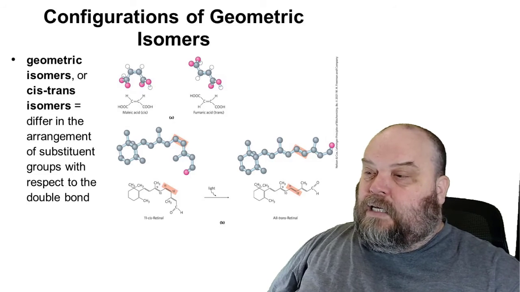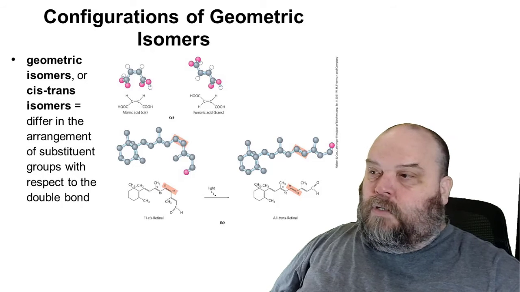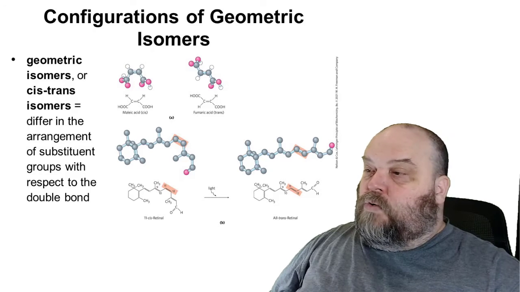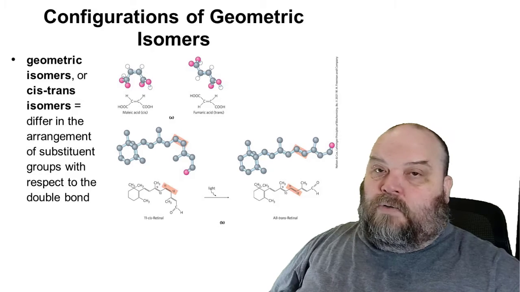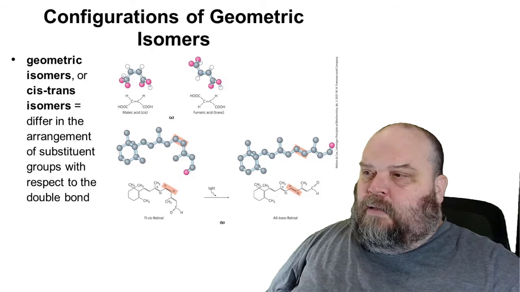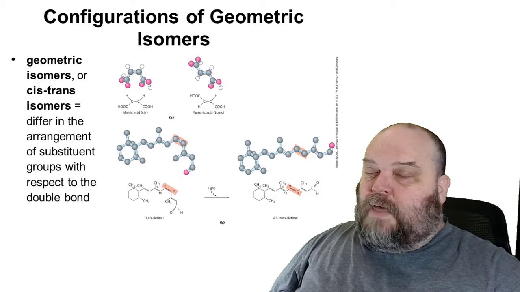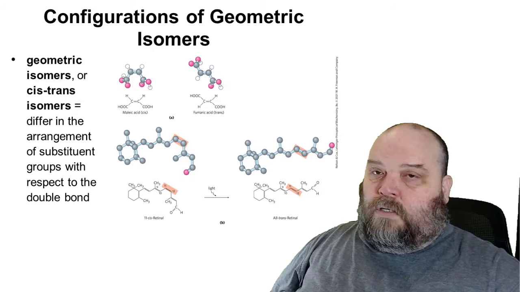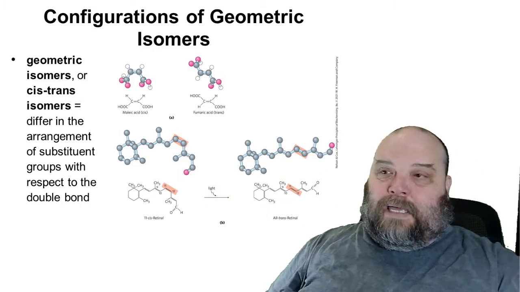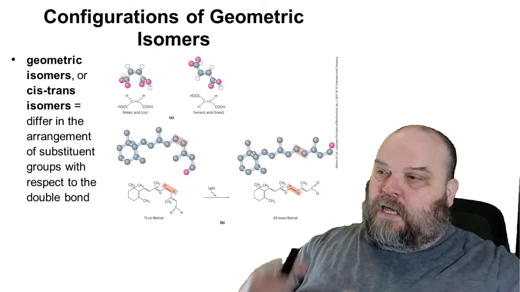We have to keep this in mind because when we draw structures, as you see here with malic acid, we draw it out with the lines: single lines, single covalent bond, double lines, double bonds, and so on. But it's hard for our brains to take into account that some of those atoms in that molecule are pointing out, some are pointing back, as you can see in the ball and stick models.